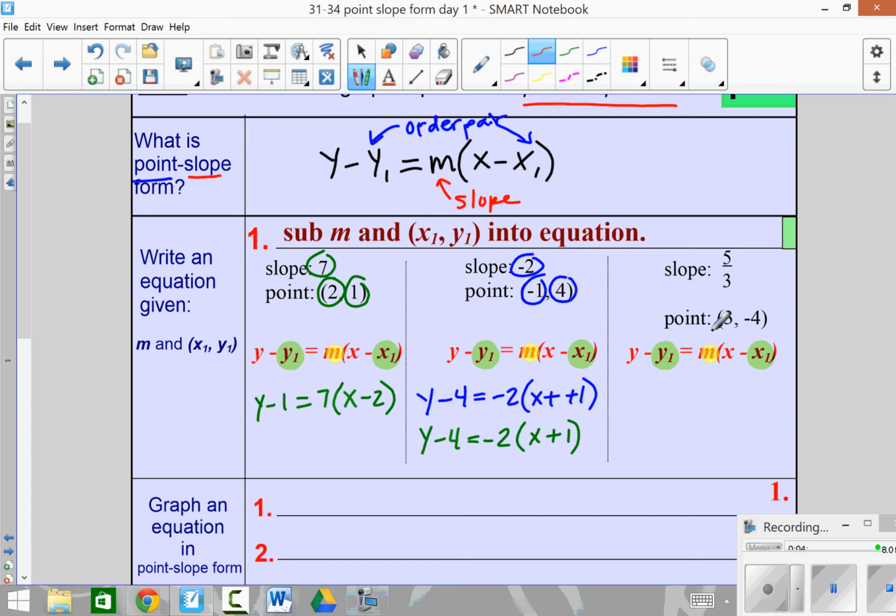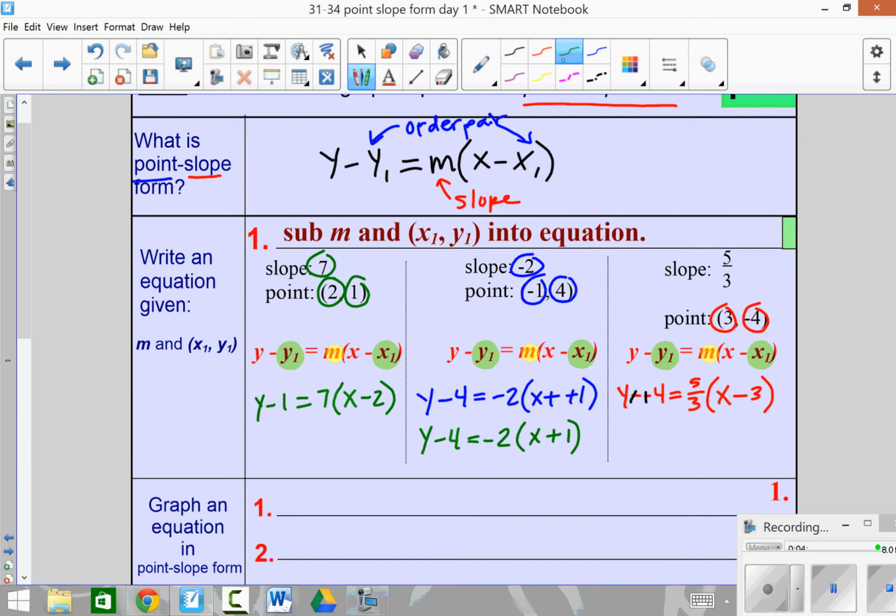Okay, let's try the last one. Slope is 5/3, ordered pair, 3, -4. So we're going to have y minus my y1, which is a -4, my m is a 5/3, and then x minus my x1, which is a 3. So same thing. I'm going to stop, chop, chop.